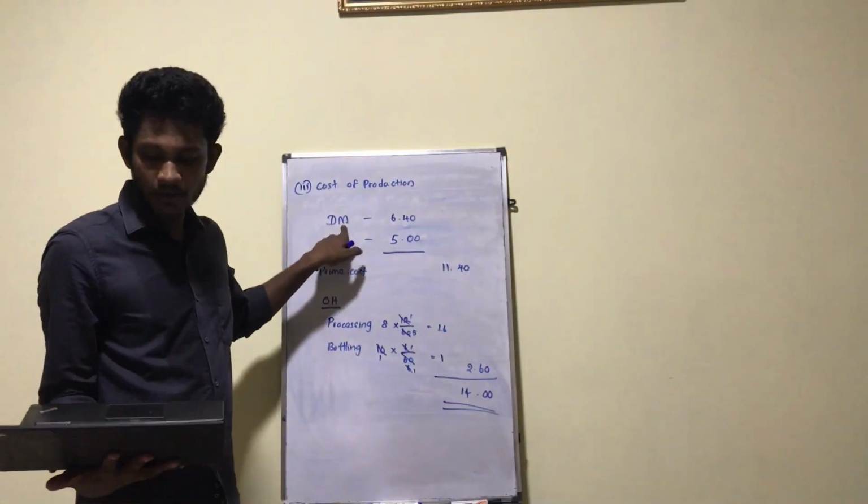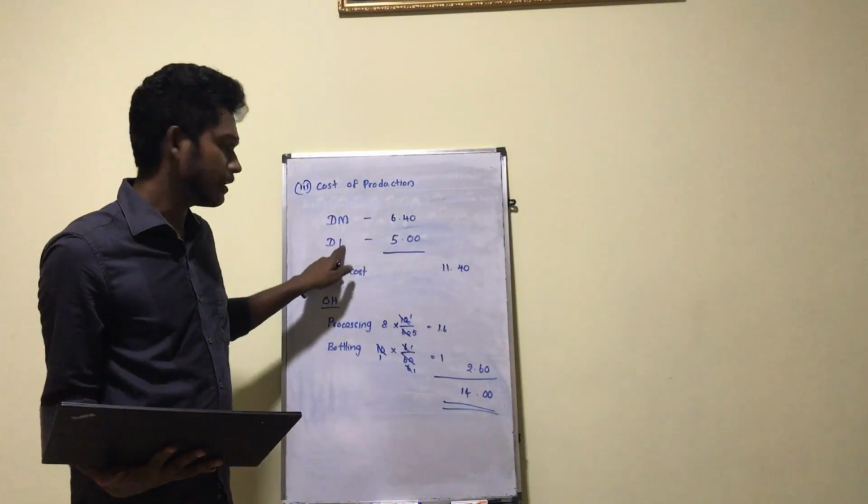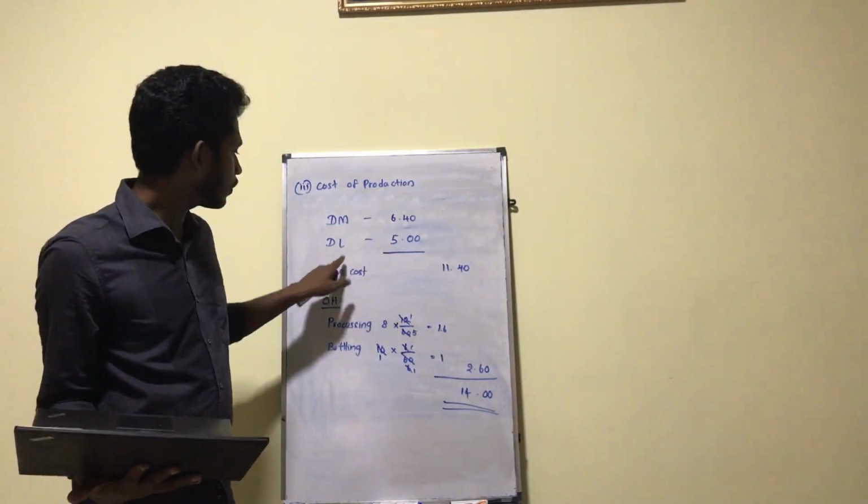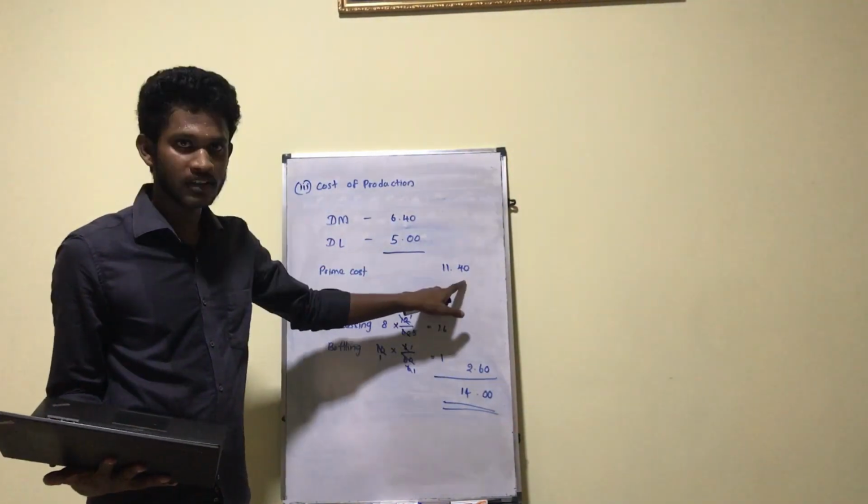So the direct material cost is 640 rupees and direct labor cost is 5 rupees. So altogether your prime cost is 1140 cents.